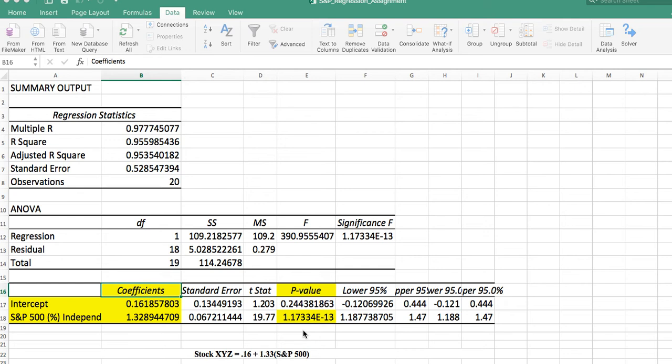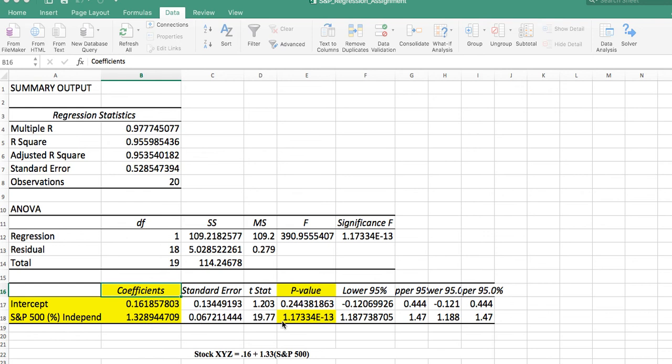So in this particular situation, I'm focusing in on the p-value for the slope. The slope is 1.33, not the y-intercept. It's the slope, because I'm trying to see if there is a relationship. If I can statistically prove that there is a slope, that the 1.33 slope is significant, then I have a strong relationship.